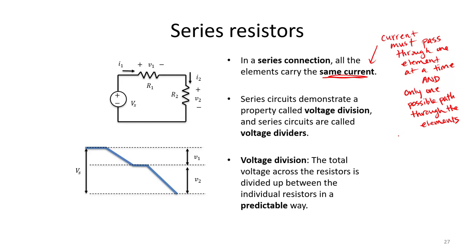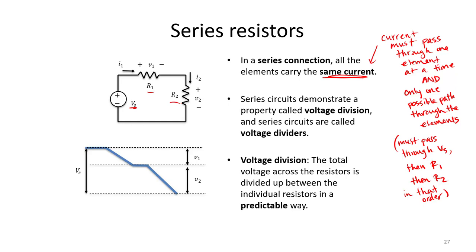So in this case, I must pass through Vs, then R1, and then R2, in that order. Right? I have no other choice. I have to go in that direction because those components are in series.